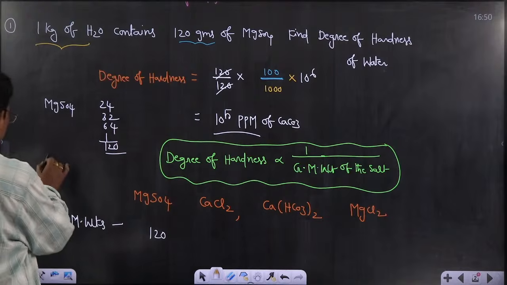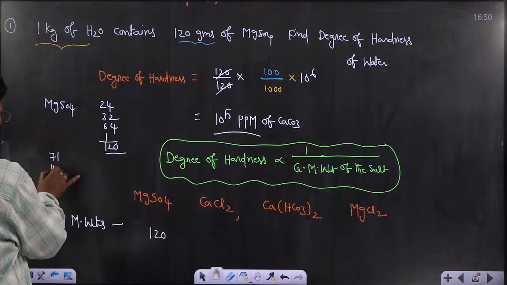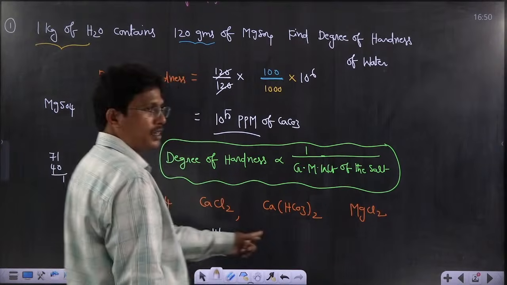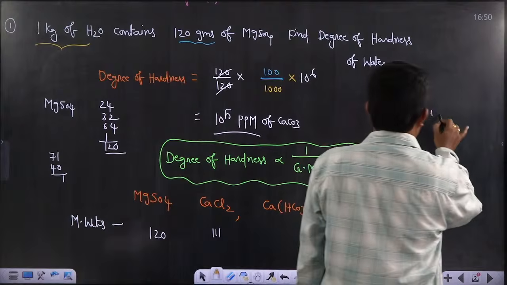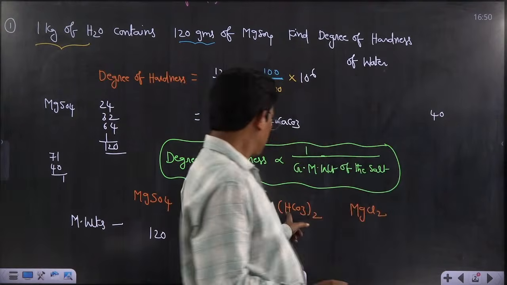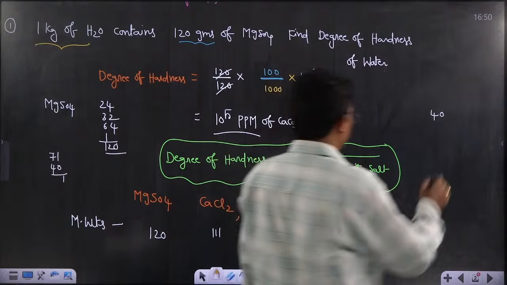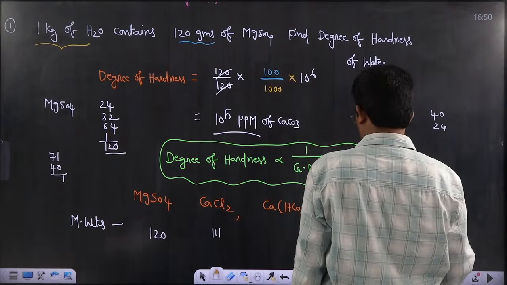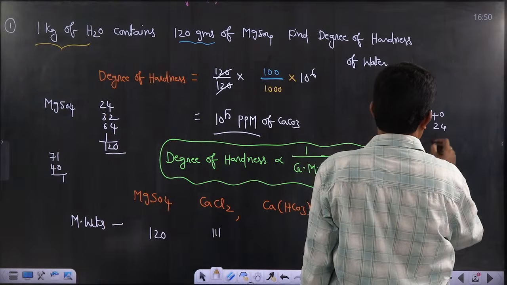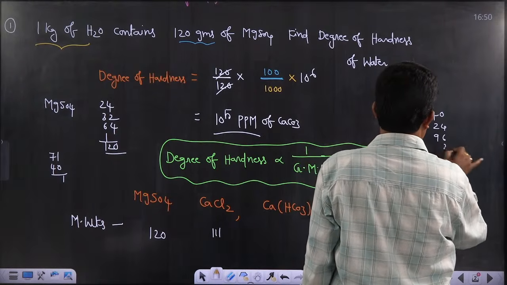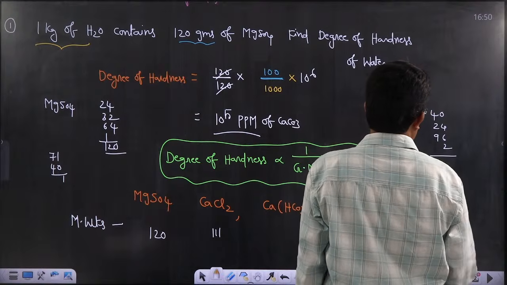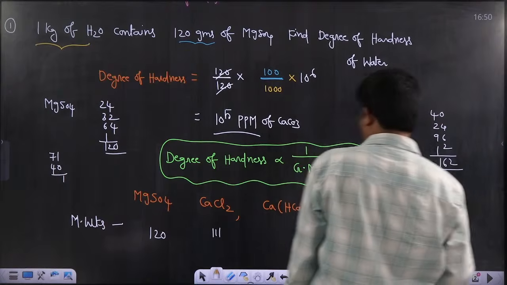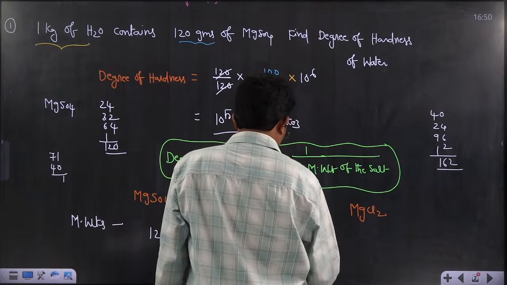Calcium chloride: Cl2 71, calcium 40, 111. Calcium bicarbonate: calcium 40, 2 hydrogens, 2 carbons 24, 6 oxygens 96, 162.